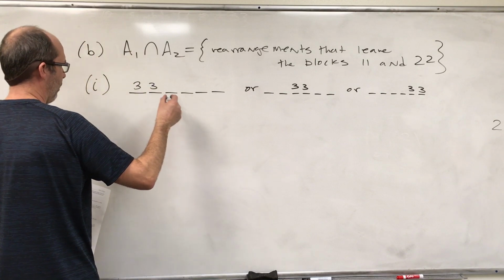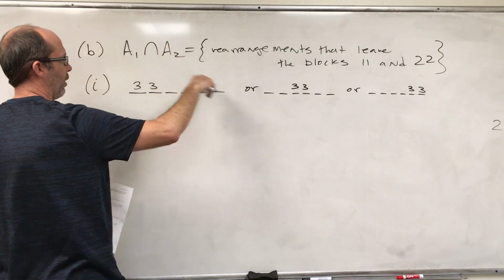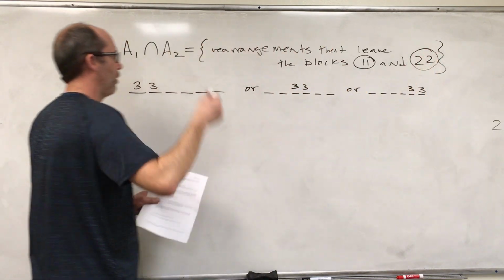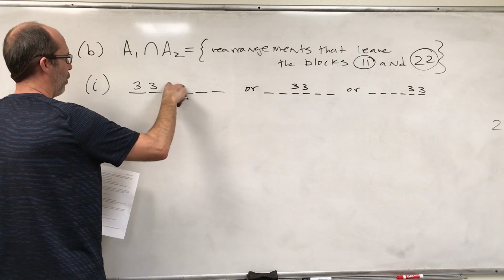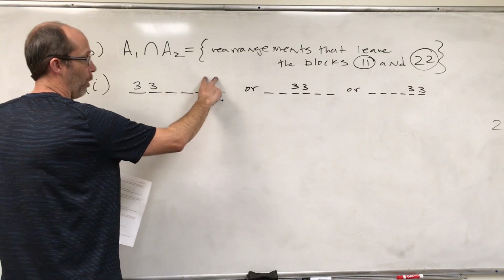Now we're going to have rearrangements where we have blocks together. We have the blocks 1, 1 together and the blocks 2, 2 together. You can either put 1, 1 and 2, 2, or 2, 2 and 1, 1.